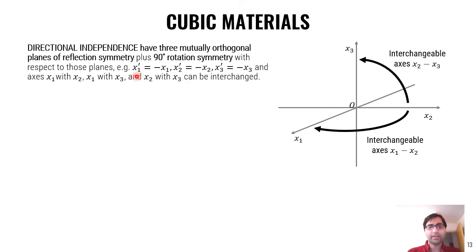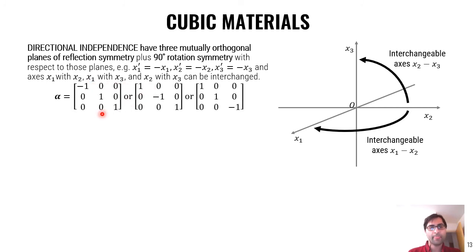So x1 prime equal to minus x1, we've seen that before, but now we can basically interchange the axes, for example, x1 with x2, or x1 with x3, or x2 with x3.